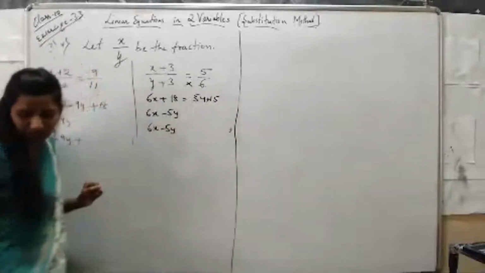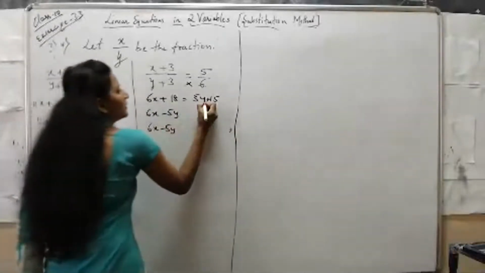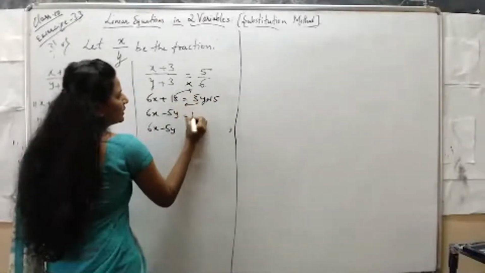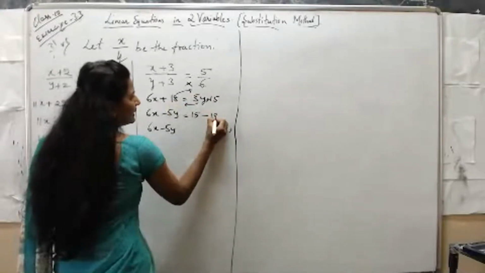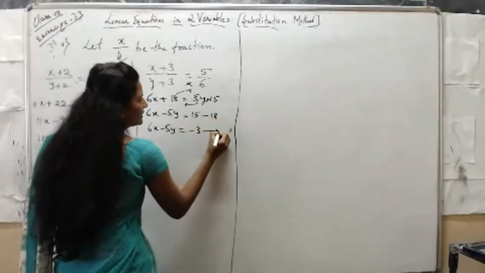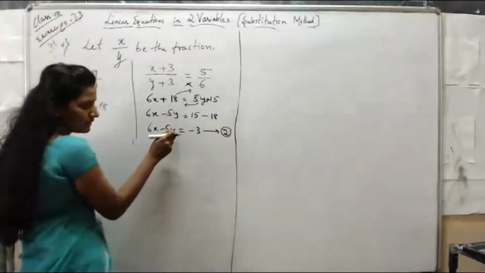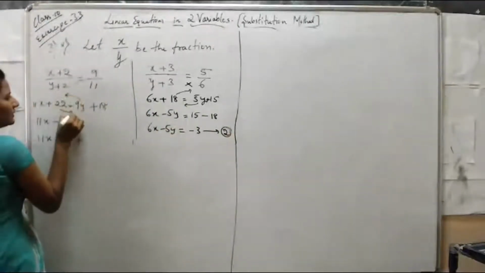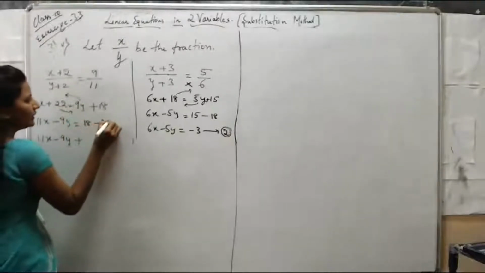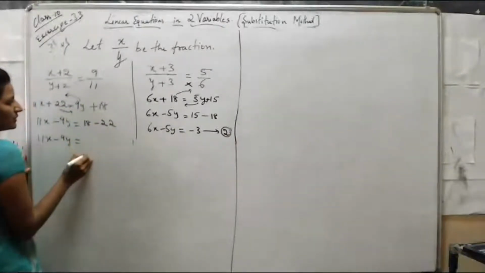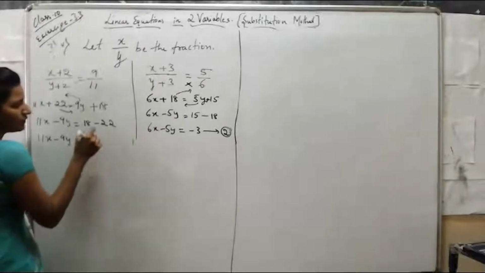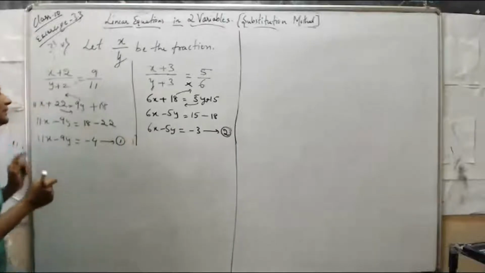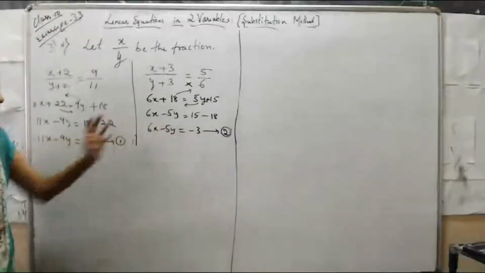You will get the same equations. See here, I am taking this to the right side. 15 minus 18 is equal to minus 3. Equation 2 is 6x minus 5y equal to minus 3. Equation 1 is 11x minus 9y equal to 18 minus 22, which is minus 4. This is equation 1 and equation 2.